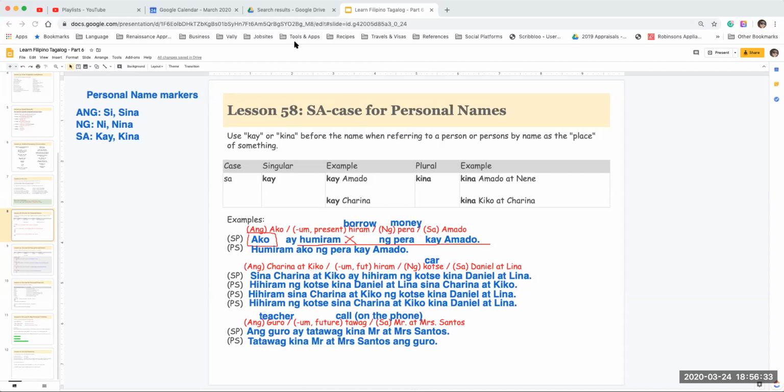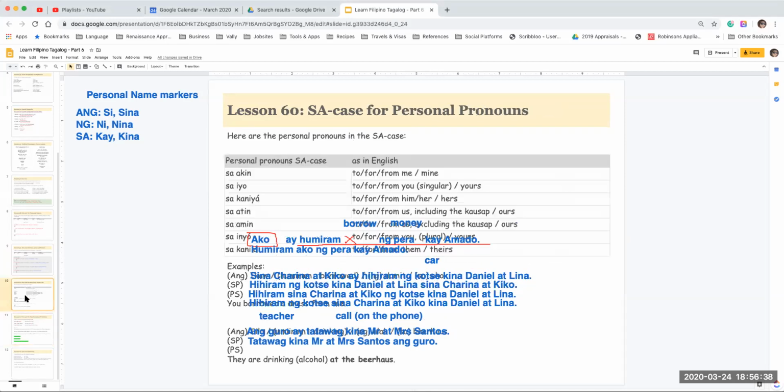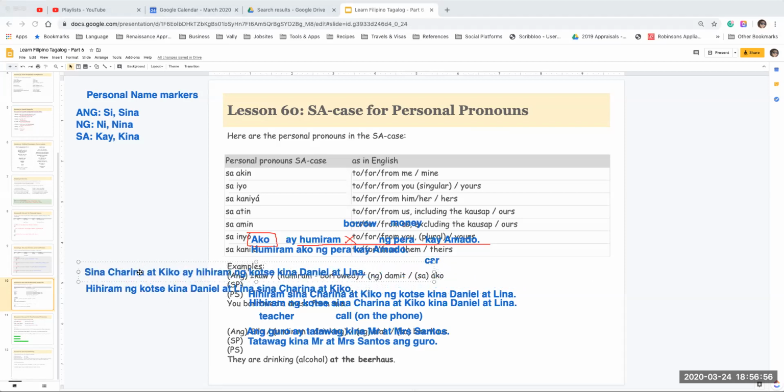Now, if we are going to replace them with a pronoun, let me pick up some sentences here. For example, we will take these two.